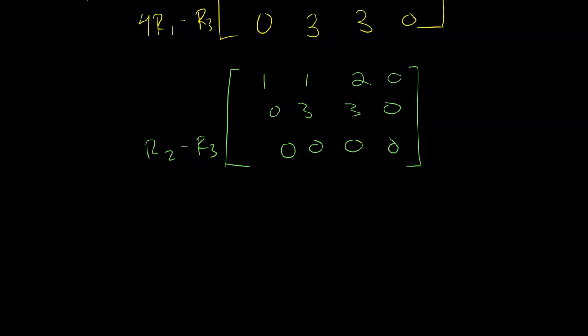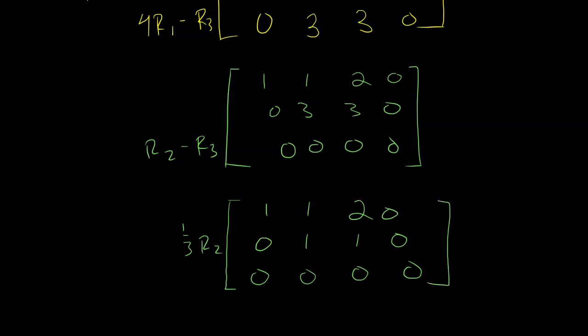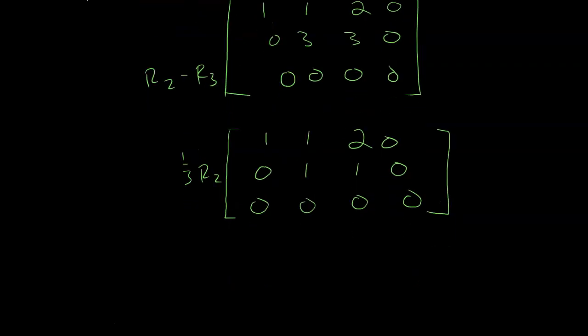What you could do, which is a fine thing to think about, I might simplify this a little bit still. For the sake of this example, I'm going to simplify the middle row now by dividing it by 3, so a third of that middle row. So I get a 1, a 1, and a 0. And then I might use that middle row to simplify the top row even.